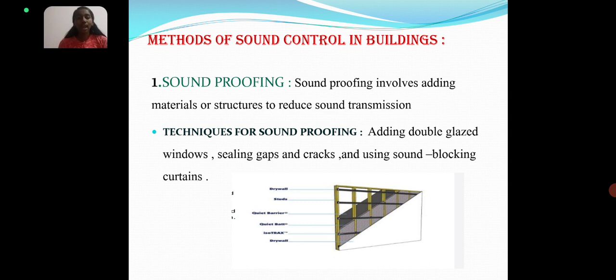Soundproofing involves adding materials or structures to reduce sound transmission. The techniques for soundproofing are adding double glazed windows, sealing gaps and cracks, and using sound blocking curtains. In this picture, we can observe the soundproofing materials used.